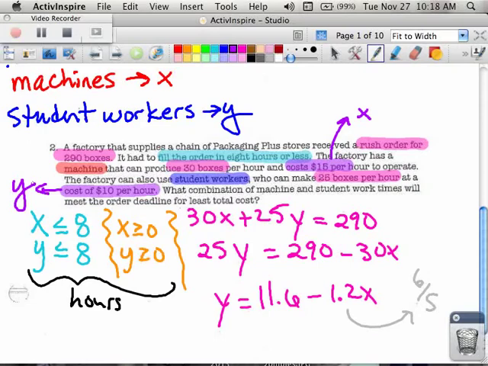A little bit earlier in our class, we talked about $1 for a piece of chalk, $5 for an eraser. What combination would give me this many of this and this many of that? We're going to do the same thing now by writing a cost equation. So $15 an hour for every machine and $10 an hour for every student.